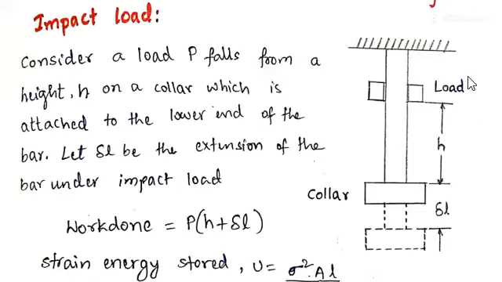Here the force is the load, and the distance moved by this load is h plus delta L. This work done will be stored as strain energy in this rod.